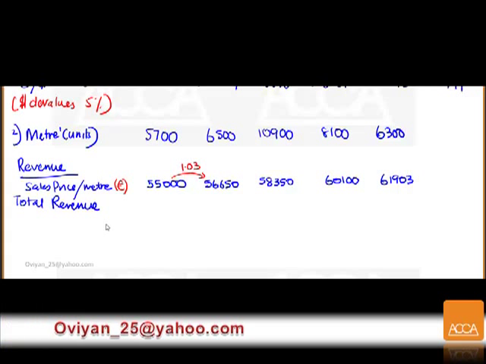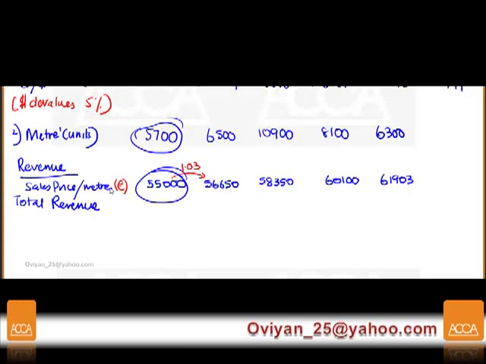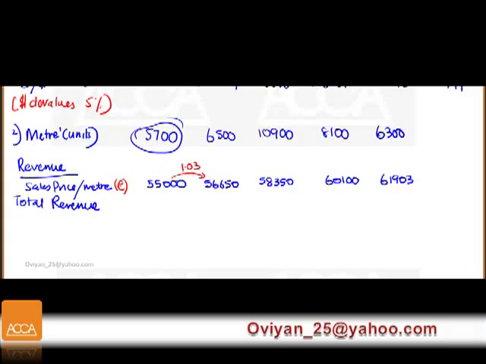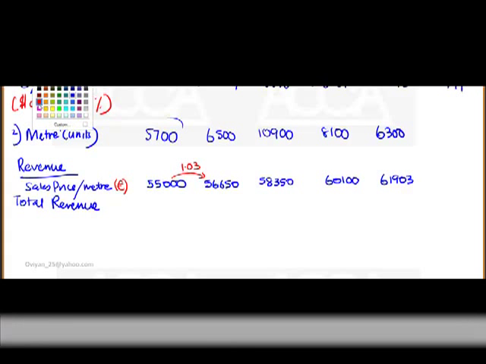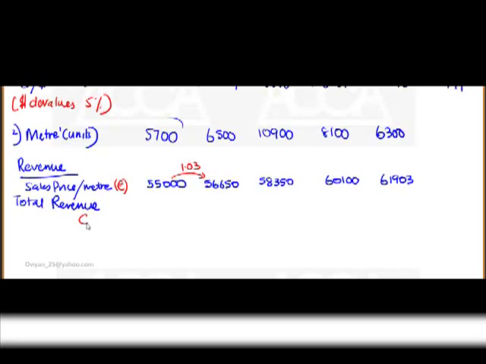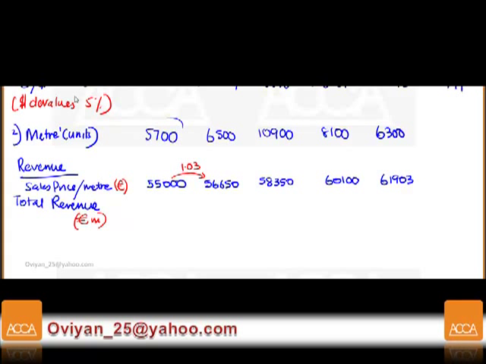Now, total revenue is simply this multiplied by this. When you take 5,700 meters multiplied by the selling price per meter of 55,000, you're going to get a very big figure. So what I'm going to write here is euros, million. So we can just take off 6 of the digits.